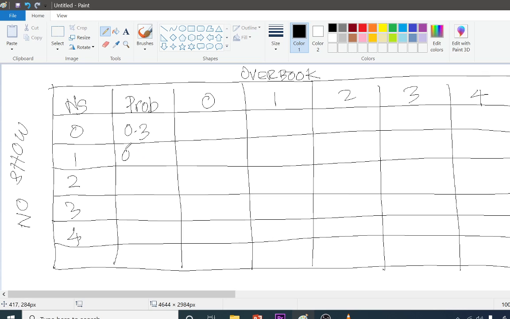So 25% 0.25, okay, 20% 0.2, 15%, and 10%.